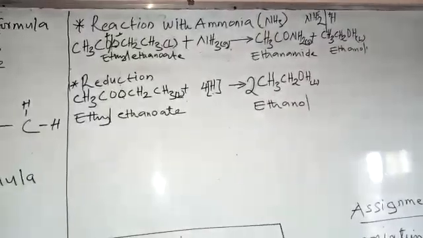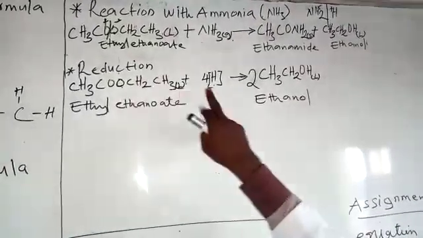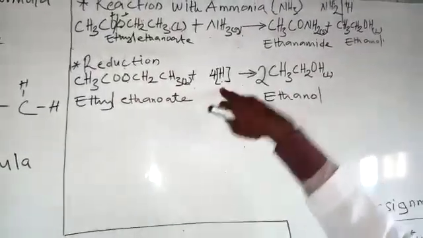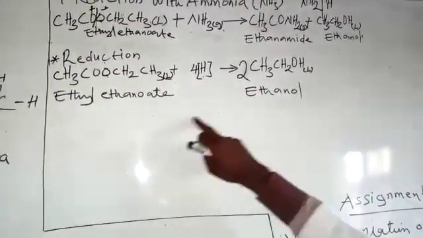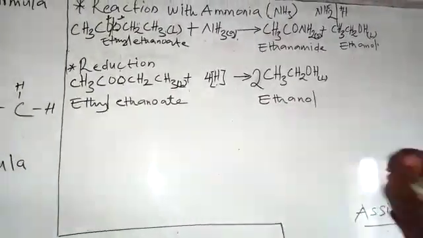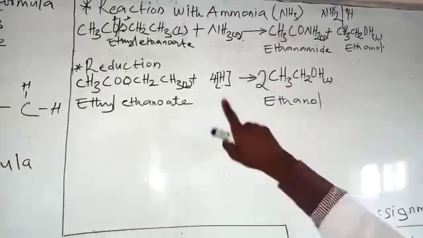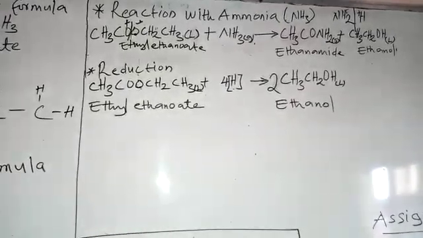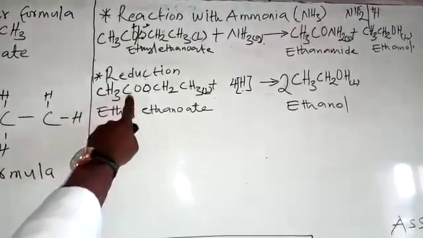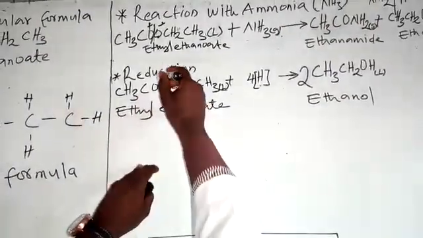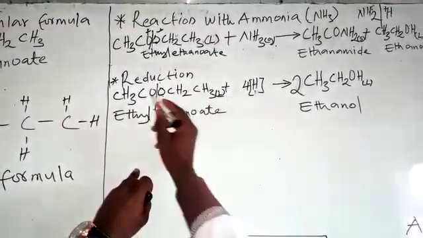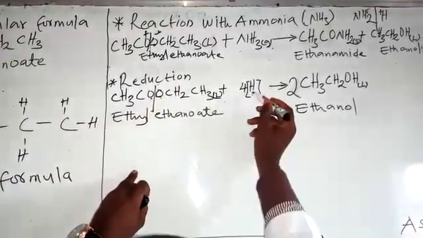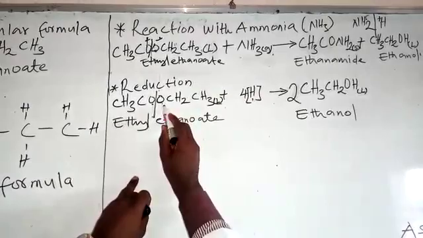And lastly, reduction reaction. When you use 4 moles of hydrogen to react with ethyl ethanoate, you're going to form 2 molecules of ethanol. Now, in this reaction here, you see that you have CH2 here, you have C here. If you break this bond this way, one hydrogen from here will be attached here, and then one hydrogen from here will be attached to this other way.